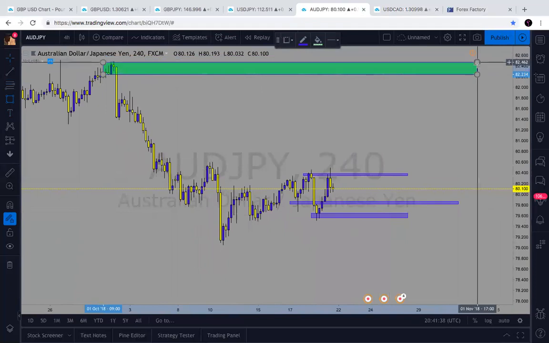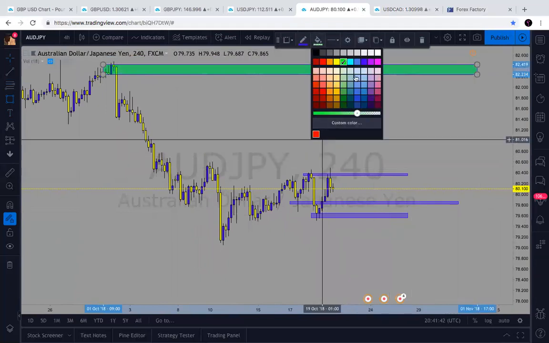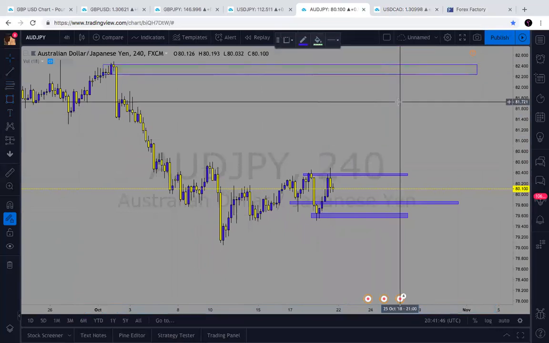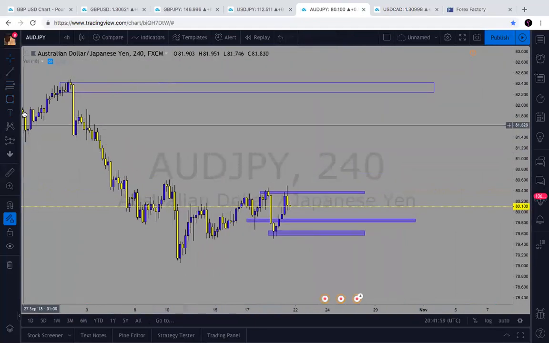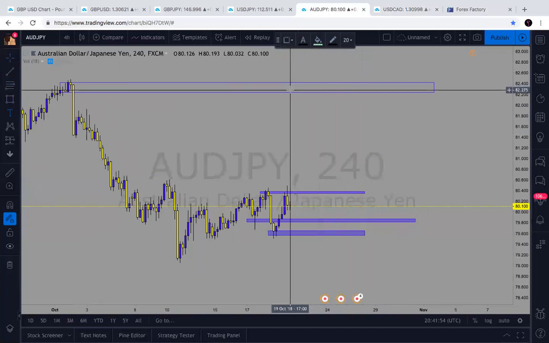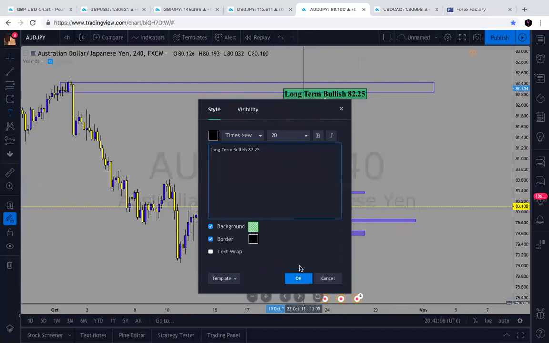I'm gonna make this a special color so that we know it's long-term. Here's our long-term zone. I'll even type it up. Long-term bullish 82.25 zone.